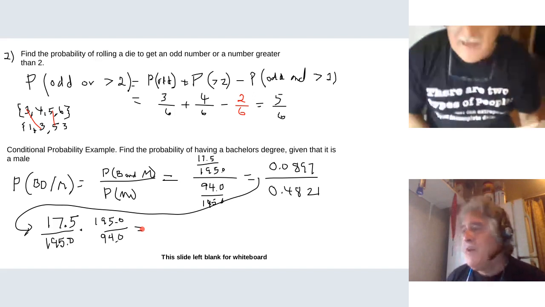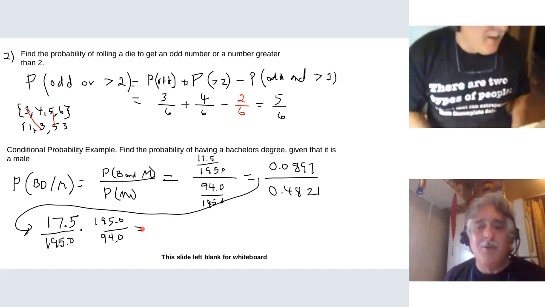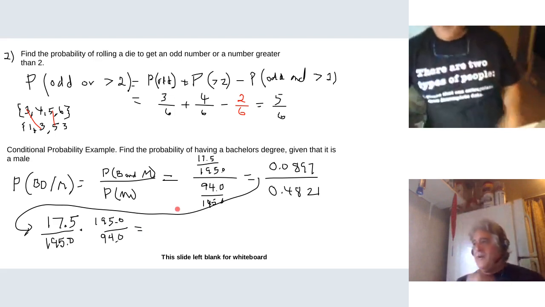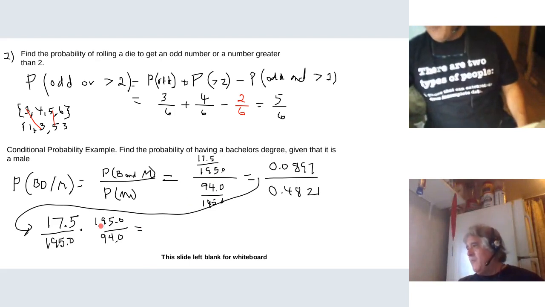And I'm going to try to do this to show you there's an easier way, but I'm just trying to show you why this happens, all right? Okay. Now, because of the fact that these denominators are the same, when you do the inversion, you end up with 17 over 94.